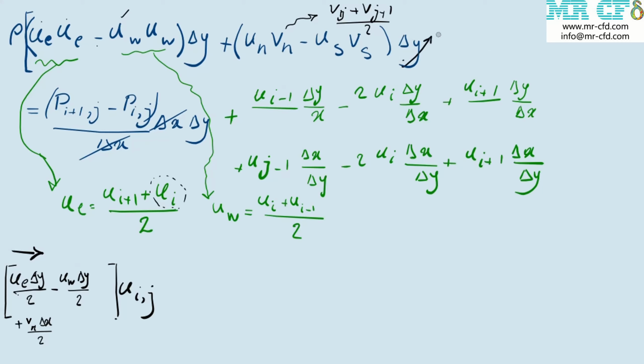Normal area of y direction is delta x not delta y, minus v sub s times delta x over 2. On the right-hand side, another u sub I term appears, leading to a term 2 times delta y over delta x. Also, there is a mu over rho term as a factor.